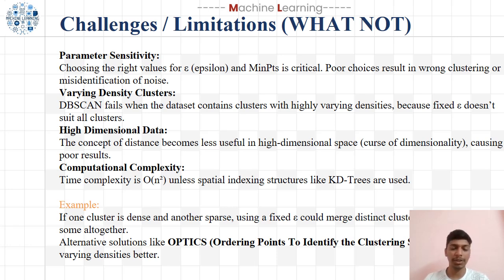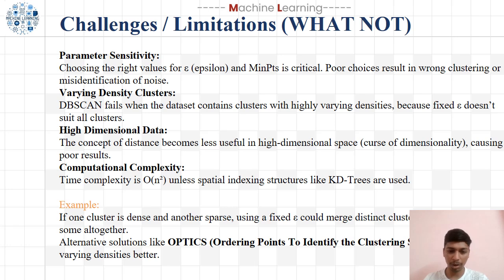High dimensional data: the concept of density becomes less useful in higher dimensional space, giving poor results. Computational complexity: the time complexity is O(n squared) unless special indexing structures like KD-trees are used.